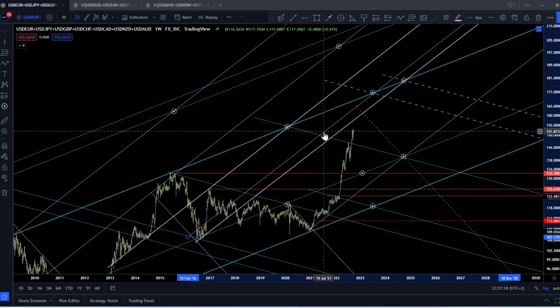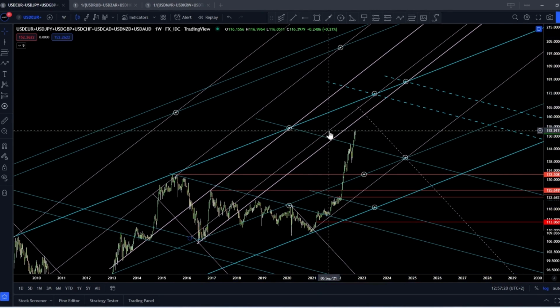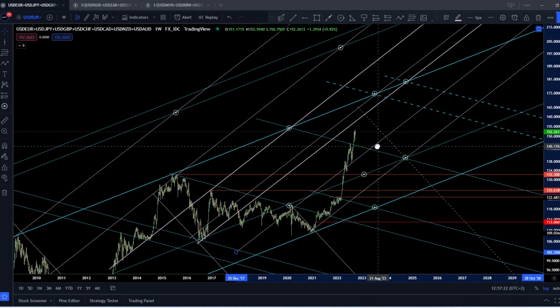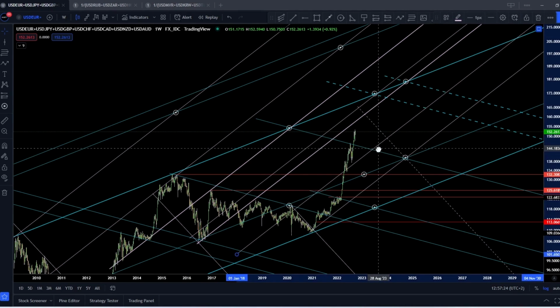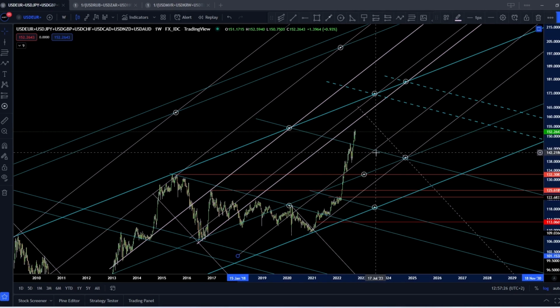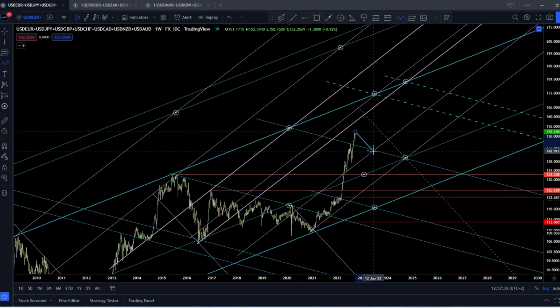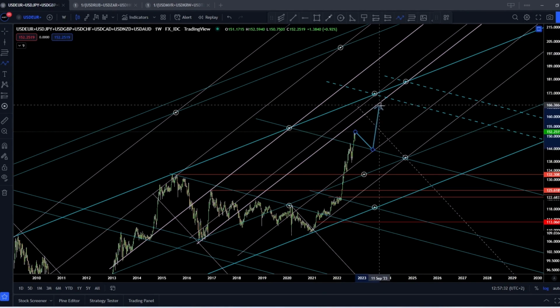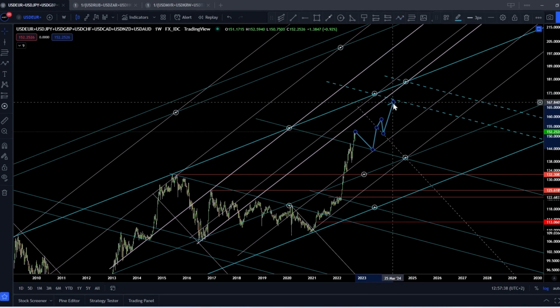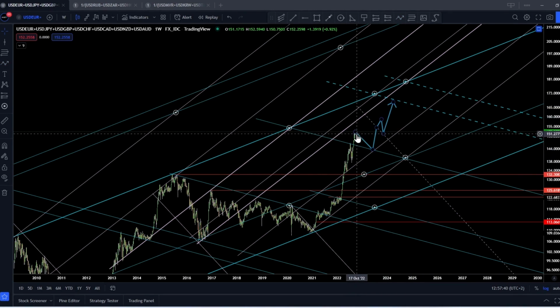From here, we can look for interim lines and establish other supports where we could eventually see a reversal. We could see a reversal to this level, or a continuation, or a breakout here and continuation to the north side. So look at inferred different scenarios.